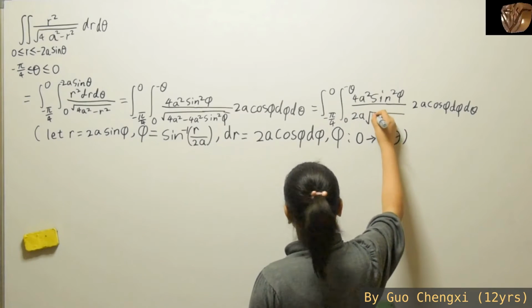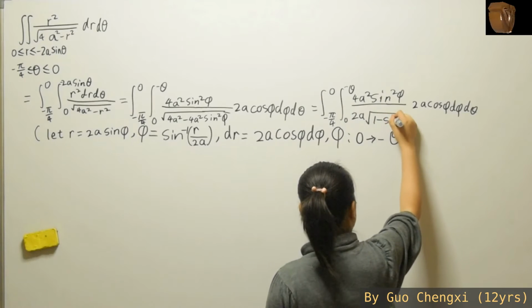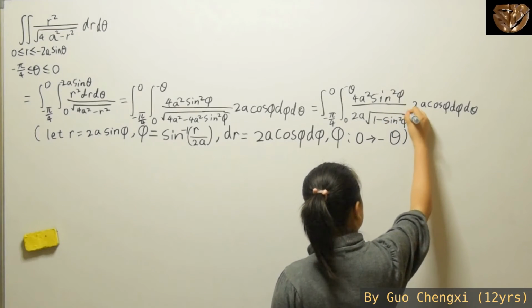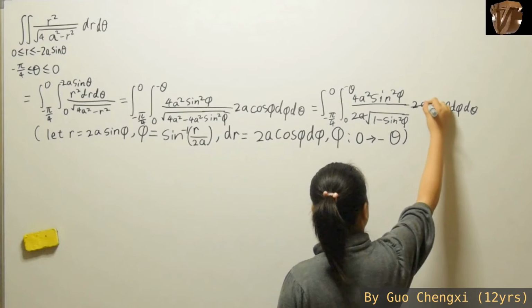So over here what you're going to have is 1 minus sine squared phi, and the 2a you can simplify.